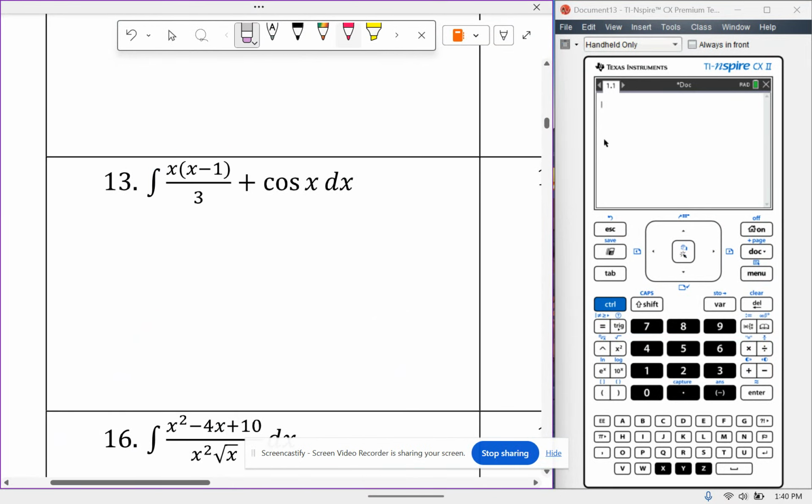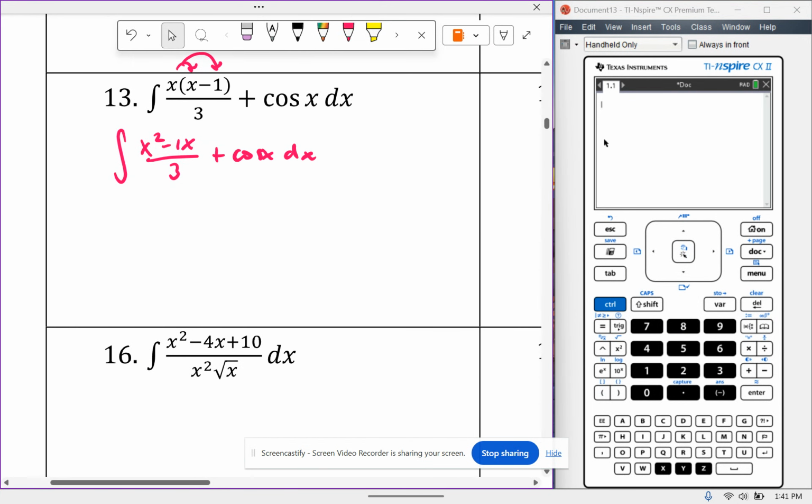Let's look at question 13. Integration methods, right? x times x minus 1. I think we should multiply this out, right? It looks like a product rule, and it's not going to work. So I've got x squared minus x over 3 plus cosine x dx.